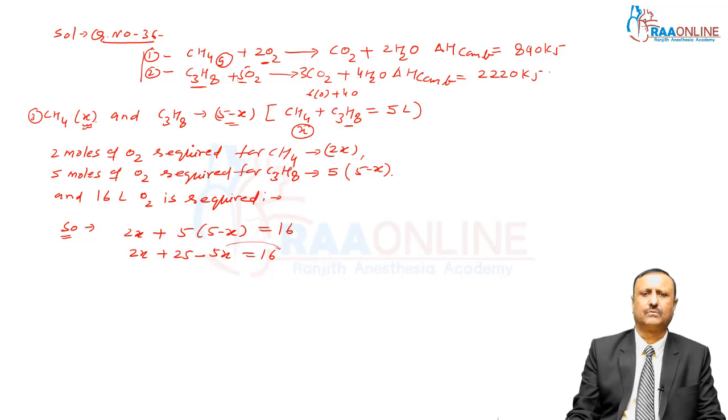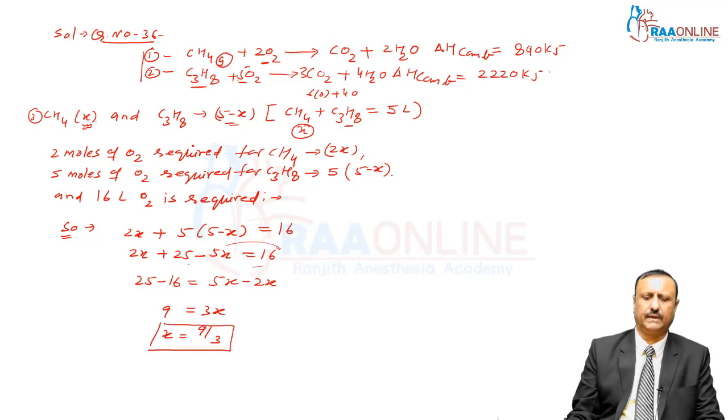Minus 5x goes to the other side, and 25 minus 16 comes here, so both are on one side. Minus 5x converts to plus 5x, and plus 2x converts to minus 2x. 25 minus 16 gives 9, and that equals 5x minus 2x, which equals 3x. Now you can calculate x is equal to 9 by 3.